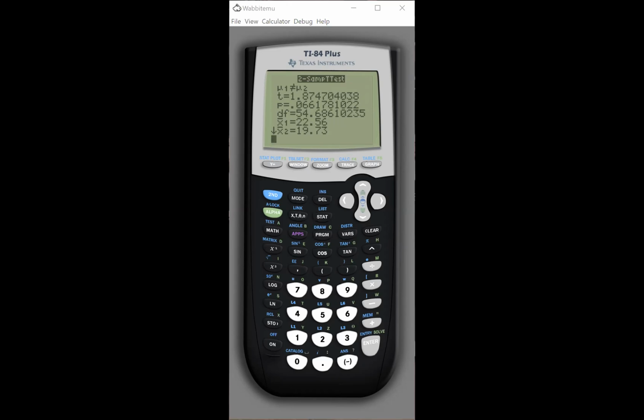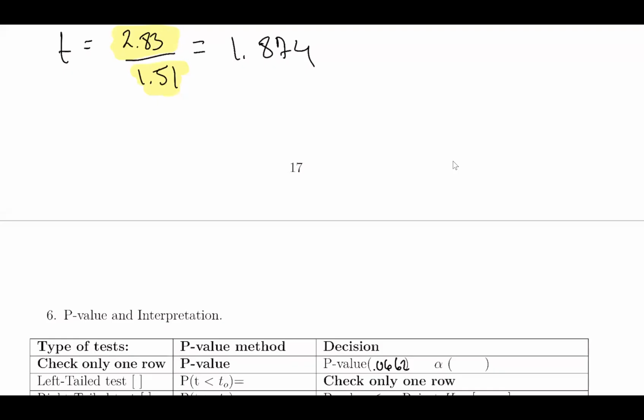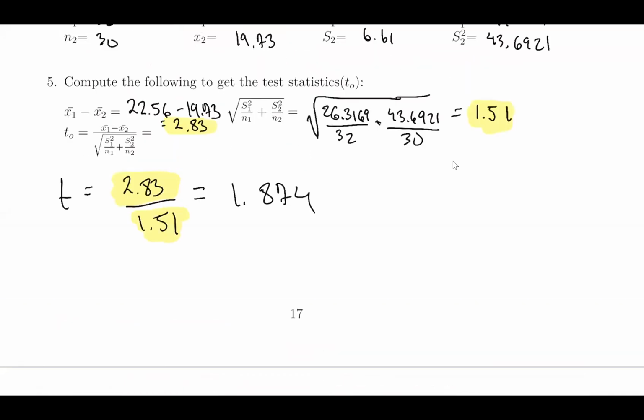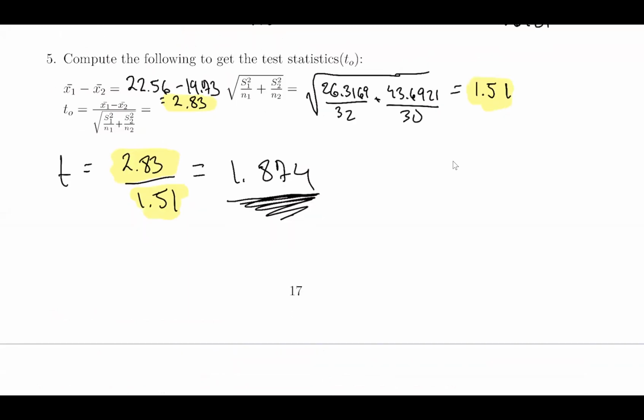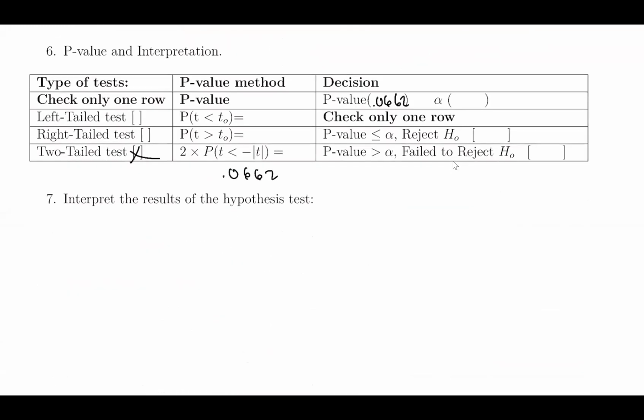All right, so let's go back to my notes. So this is the only thing I put. For number 5, I put what the t value is. So the t value is 1.874. But also for the p value, I put that this is a two-tailed test. I put the p value, but since I ran out of room, I wasn't able to put it there. And I put the p value here.